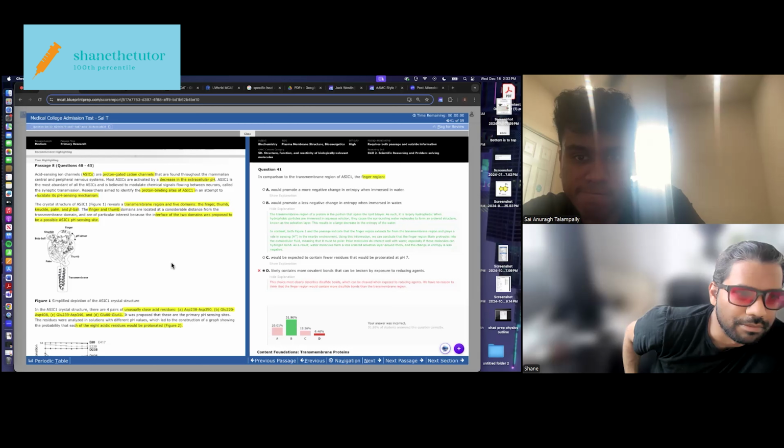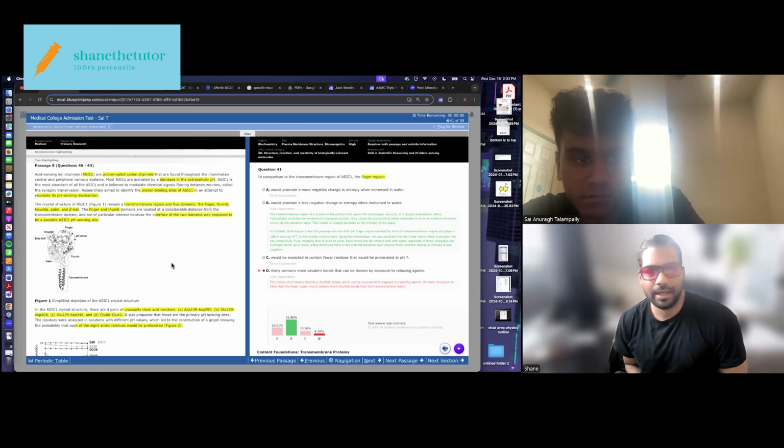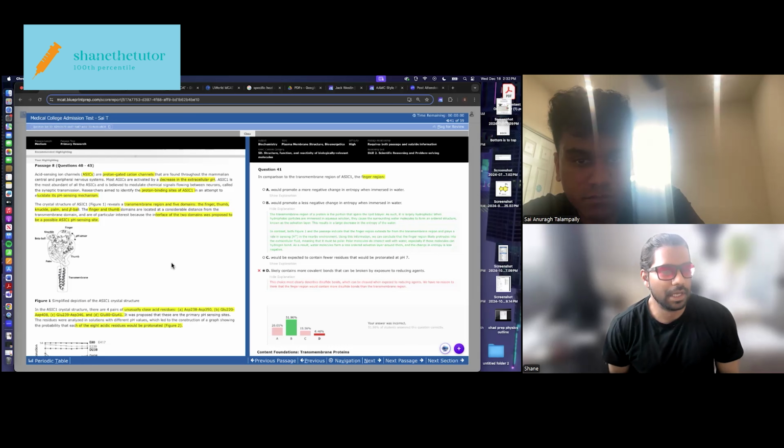So these are a tertiary structure, which predominantly consists of non-covalent bonds, right? Like intermolecular hydrophobic interactions, hydrogen bonding, dipole interactions, electrostatic interactions.